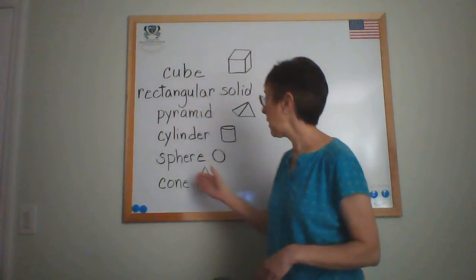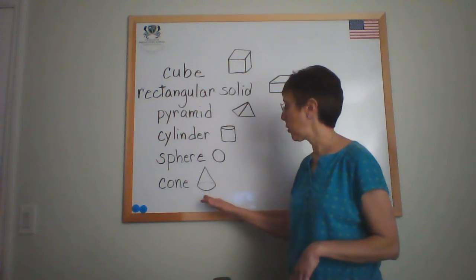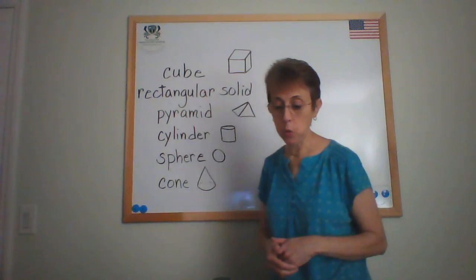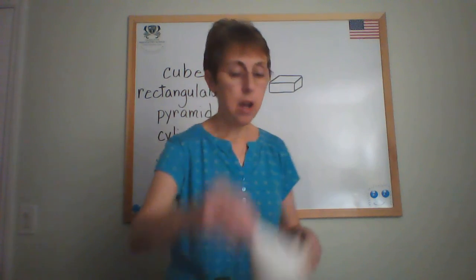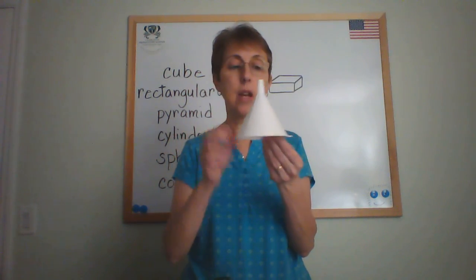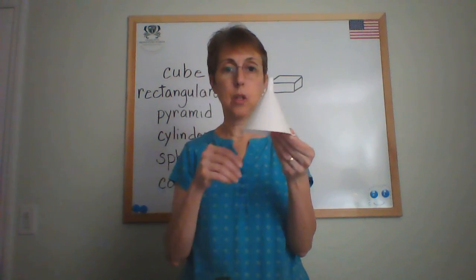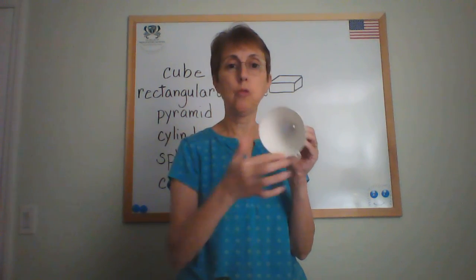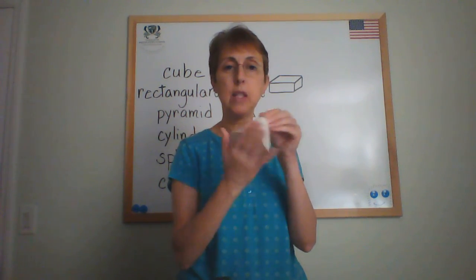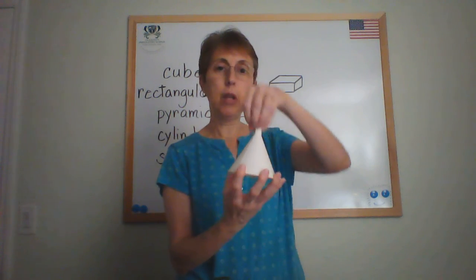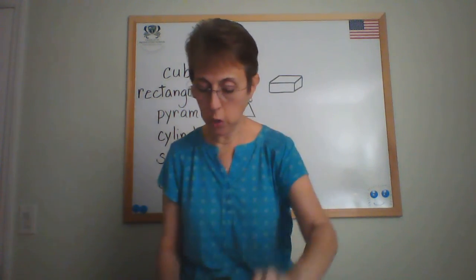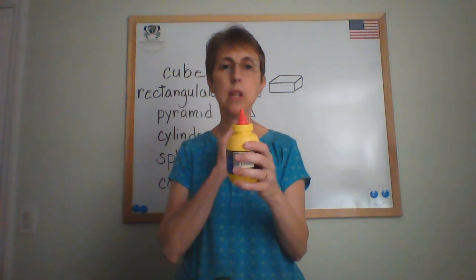And the last of the geometric figures that we're looking at is a cone. I have this funnel, which has a cone shape. Your cone shape is round at the bottom. The flat side is round, and then it's curved and comes to a point. So here is a cone. Another one that's pretty close to a cone is the top of this mustard container.